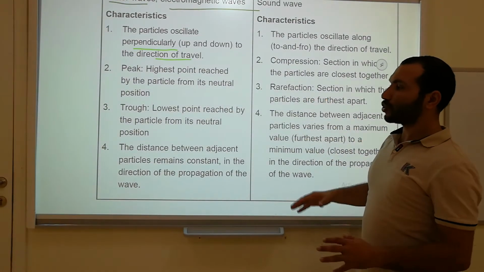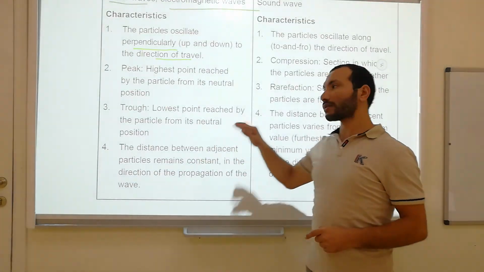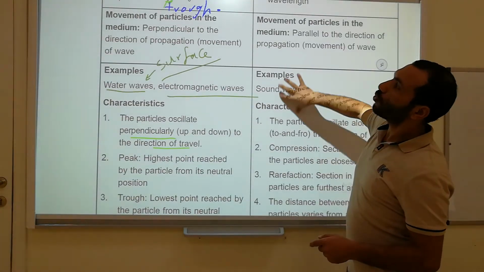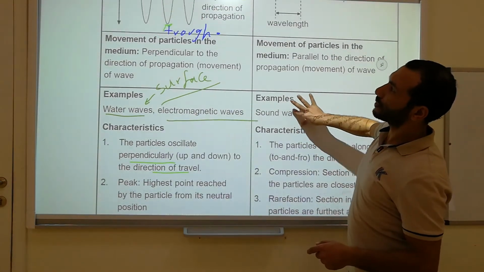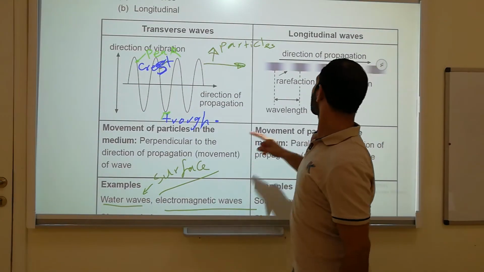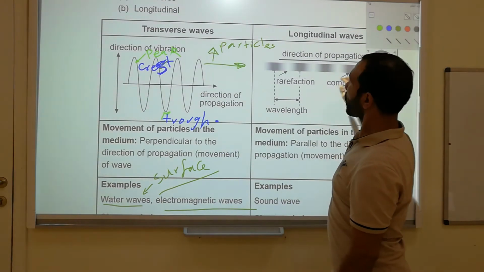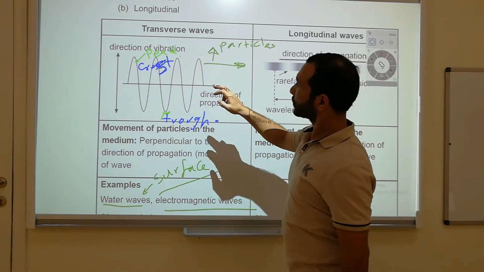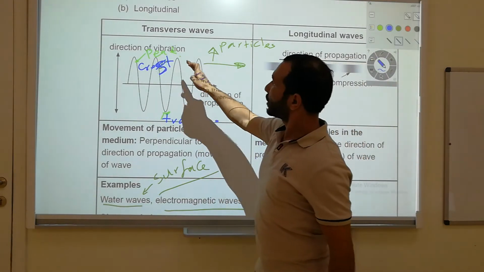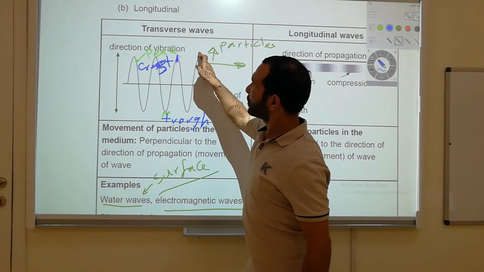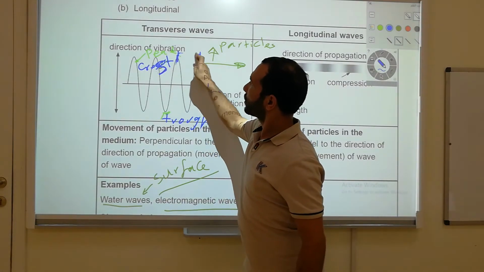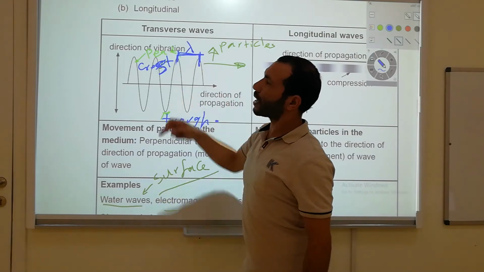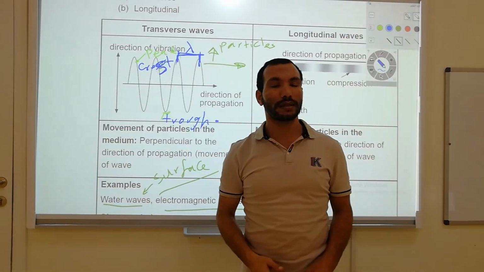Number two, the distance between adjacent particles. When you calculate the distance between two peaks, from this point to this point, this is called lambda, and we will explain it in the next point.